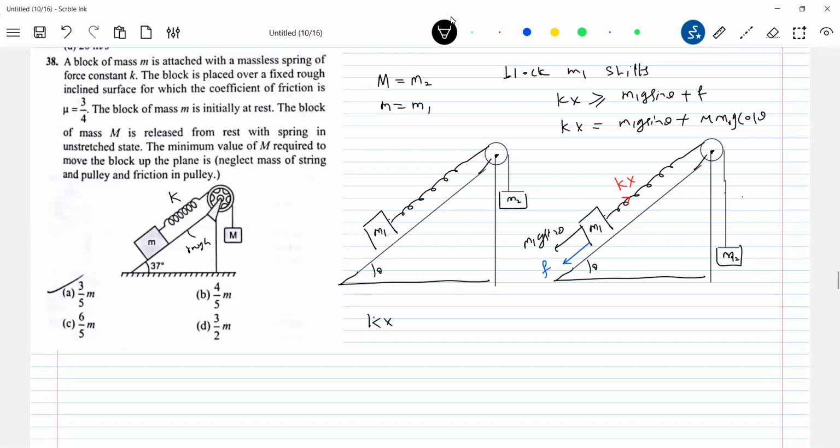Sine theta is 3 by 5, mu is 3 by 4, cos theta is 4 by 5. So Kx equals M1g times 3 by 5 plus 3 by 4 times 4 by 5, which gives 6 M1g by 5. So this is the value of Kx.